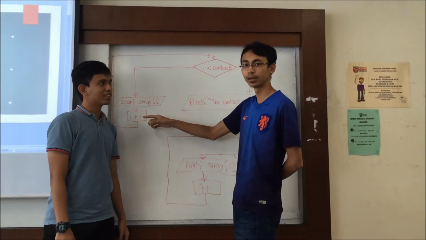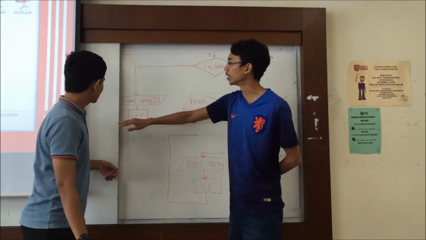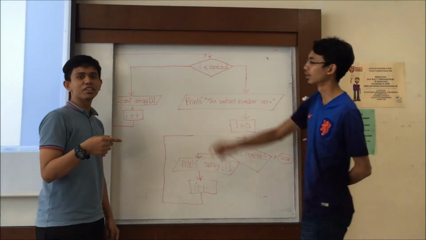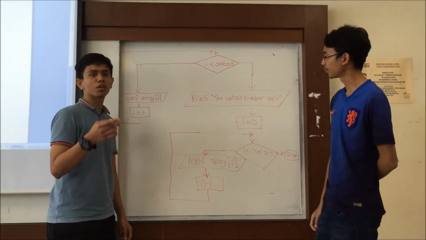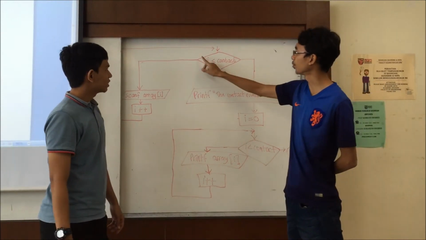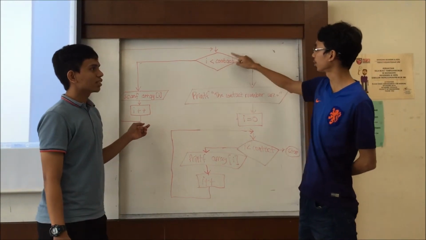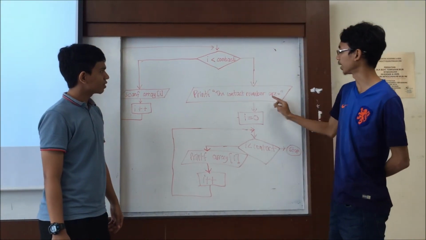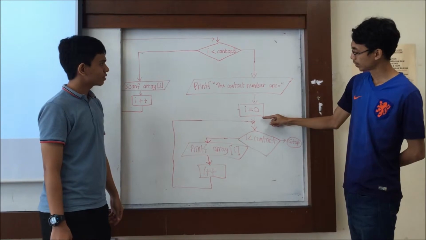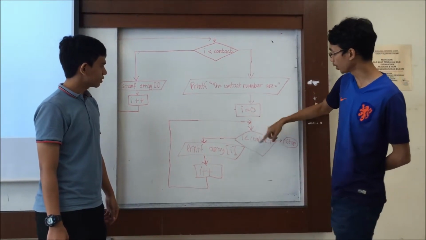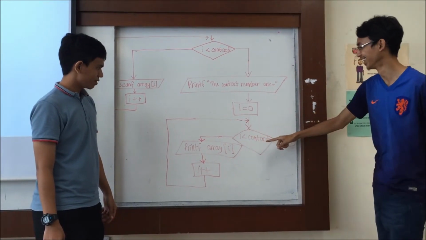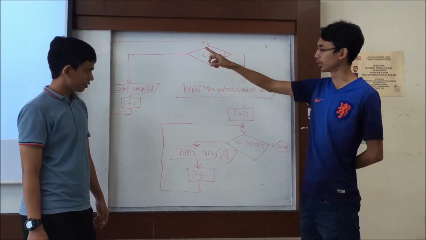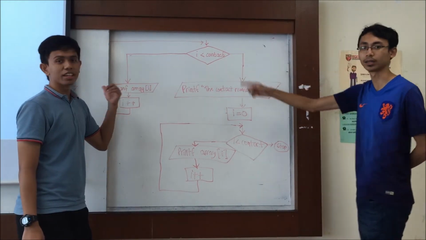If we enter 4 contact numbers, it will loop until it reaches the total of 4 contact numbers. If the condition is false, it will print the contact number. So again, looping to print the contact numbers that we store in the array.